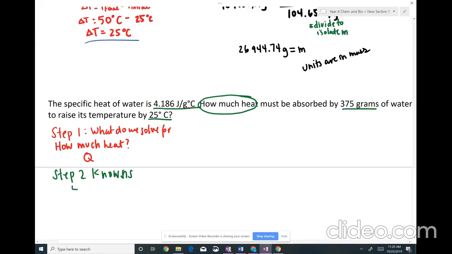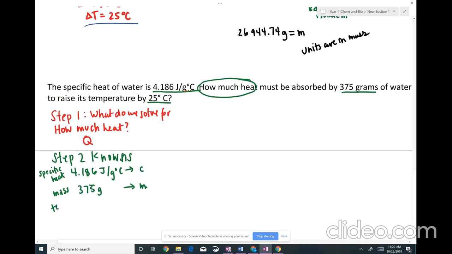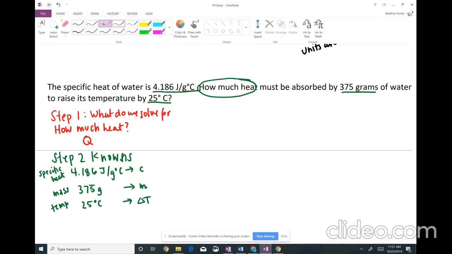We have 4.186 joules over grams degrees Celsius, and that is my specific heat, which is represented by the letter C. Then I have my 375 grams, which is a mass, represented by the letter M. And then I have my temperature change, which in this case is 25 degrees Celsius, and that is represented by our delta T. So now our step 3 and 4.